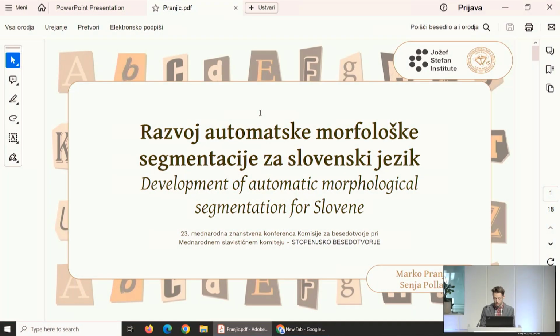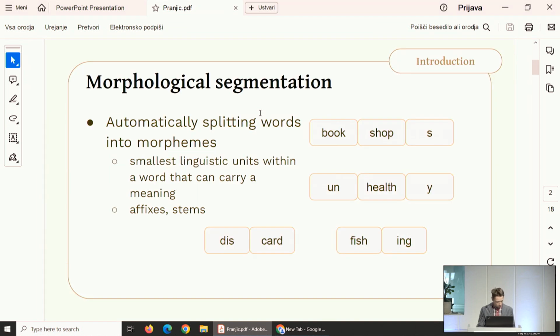The title is Development of Automatic Morphological Segmentation for Slovene, and in it I will present some approaches that were previously done and some of our work where we tried to improve on morphological segmentation. So for the first slide, what does morphological segmentation mean from my point of view?